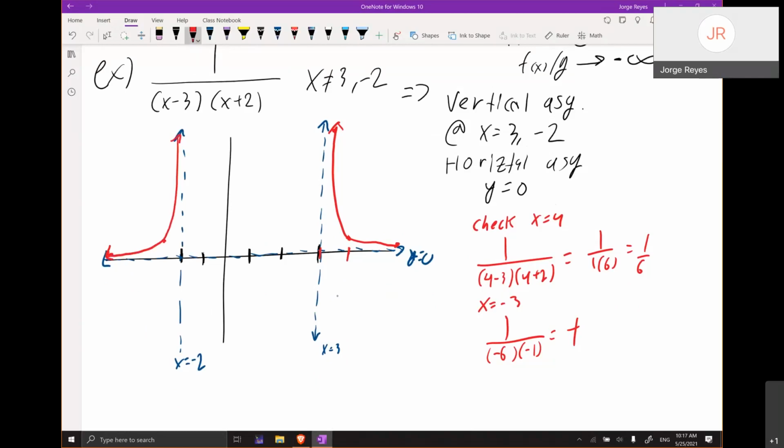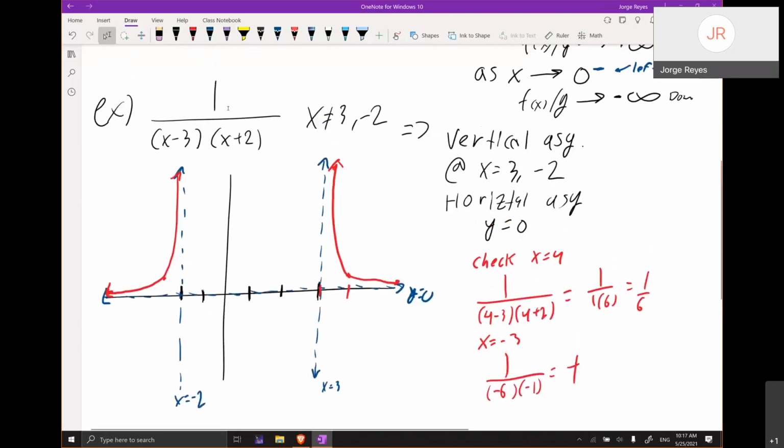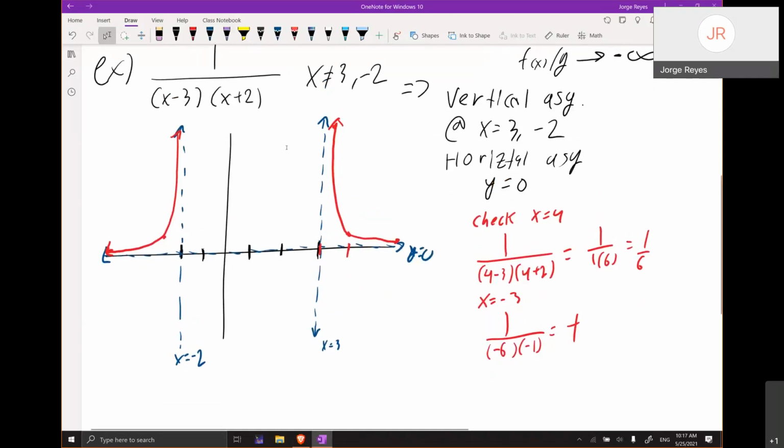All right. And now I need to check the middle. So what's happening with the middle? Actually, if you notice, x equals 0 is fine, right? I can plug in x equals 0, so I might as well plug in x equals 0 just to find the y-intercept. Usually we like that.